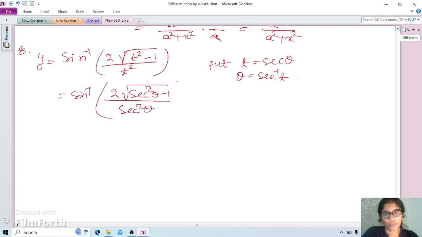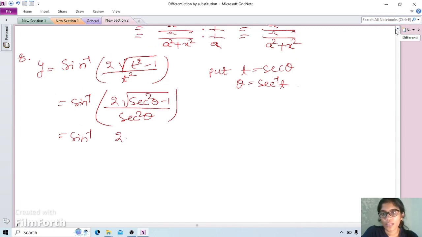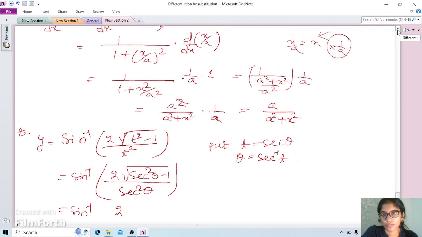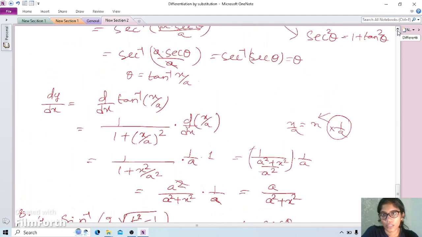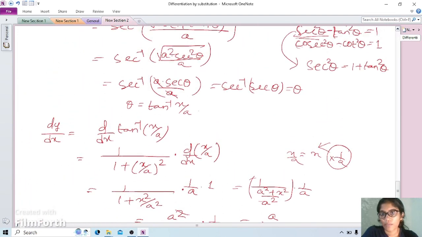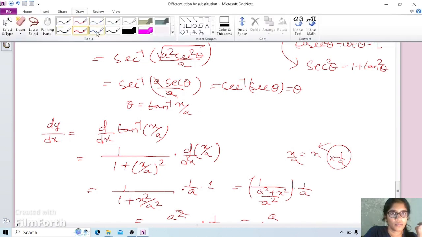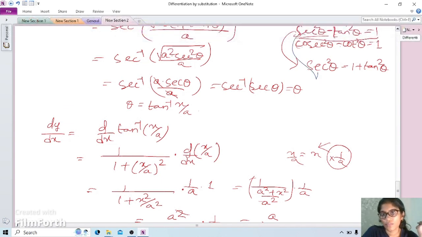In place of theta, theta is equal to tan inverse t, which equals 2 tan inverse t. Now dy by dt is equal to d by dt of 2 tan inverse t. 2 is constant. Derivative of this equals 1 by 1 plus t square, which equals 2 by 1 plus t square.